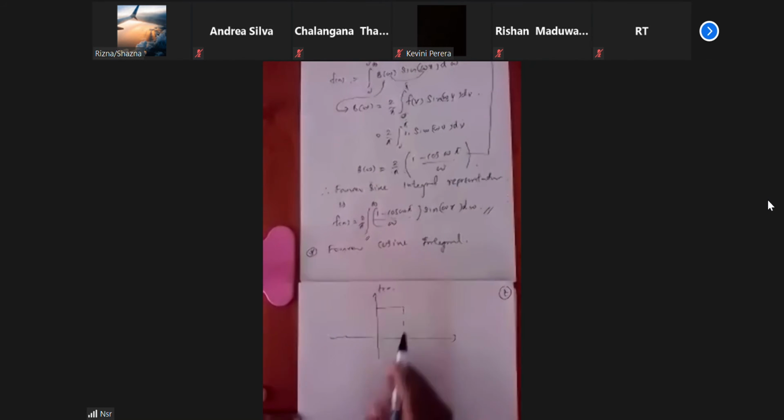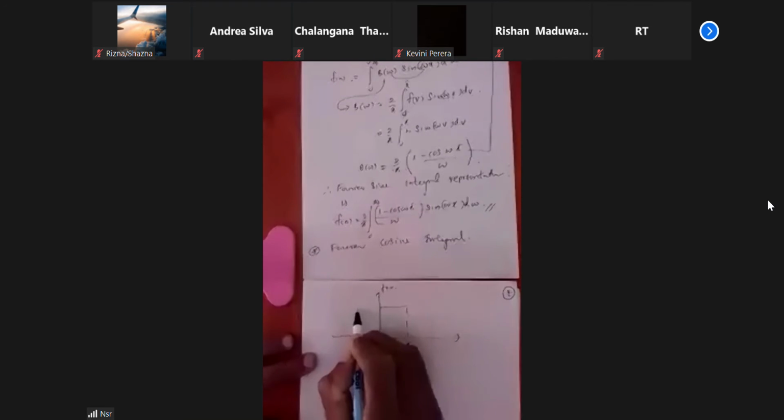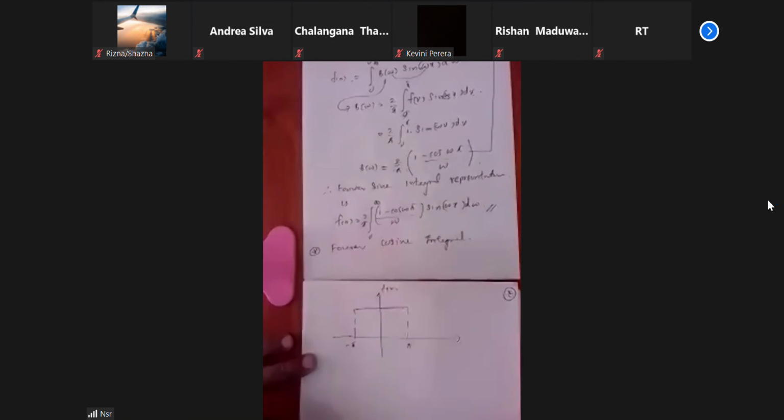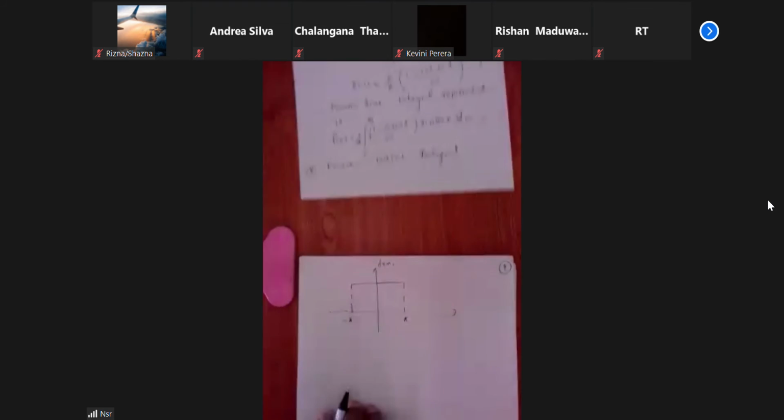Okay, so then what I want to do is create the even function. At that time, I extend the function like this, from -5 to +5. Now you can see this function is symmetric around the y-axis.